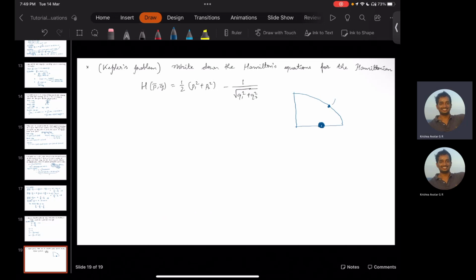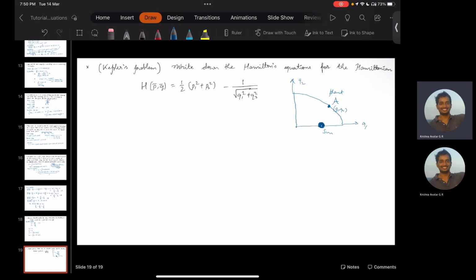Let's just name it A. This planet A is our sun, and the coordinates of the planet A at any time t are q1 and q2. So we need to determine the Hamilton's equations for this Hamiltonian.